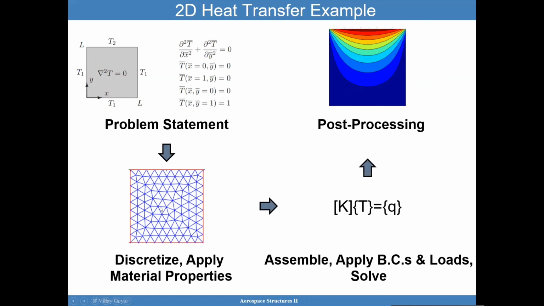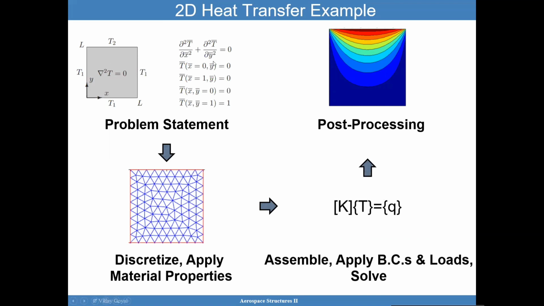I'll apply the material properties for this system, which in this case is conductivity. And then by doing so, I can apply finite elements to get into a simplified system, a system that's a mathematical model and an approximation of the continuous system.